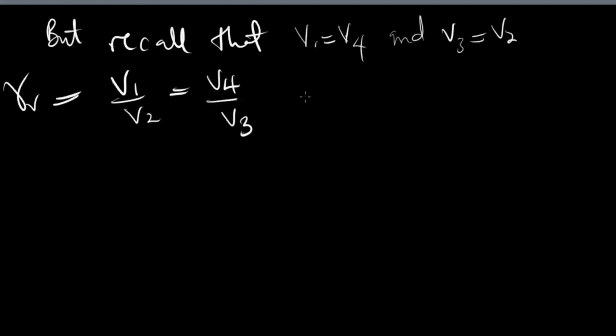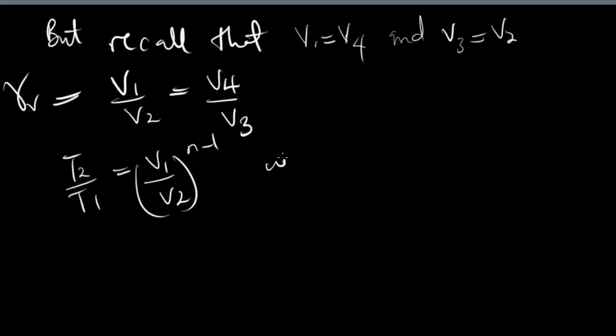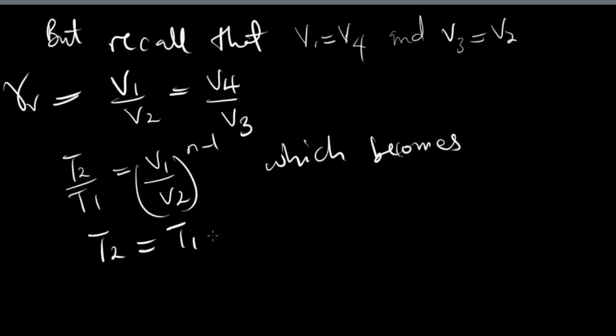So now, if that be the case, that means for our isentropic compression and expansion, the formula will look like this. T2 over T1 will be equal to this, which becomes T2 is equal to T1 times RV raised to n minus 1.